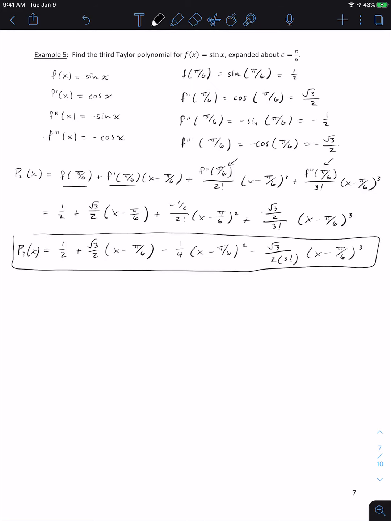So this is our ugly polynomial, but it is a polynomial because it's just powers of x being added up. And so this is going to give us a good estimation for sine of x.